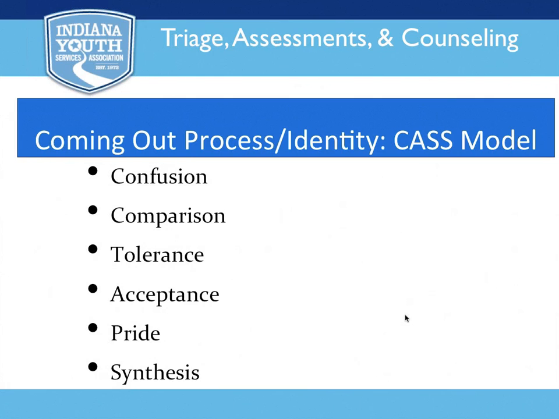The idea is that the young person may at first experience confusion because they realize that their feelings are not the same as what other people are expressing. So if you're in a peer group and your other friends are talking about how pretty a girl is, and those are not your feelings, there's that initial confusion.